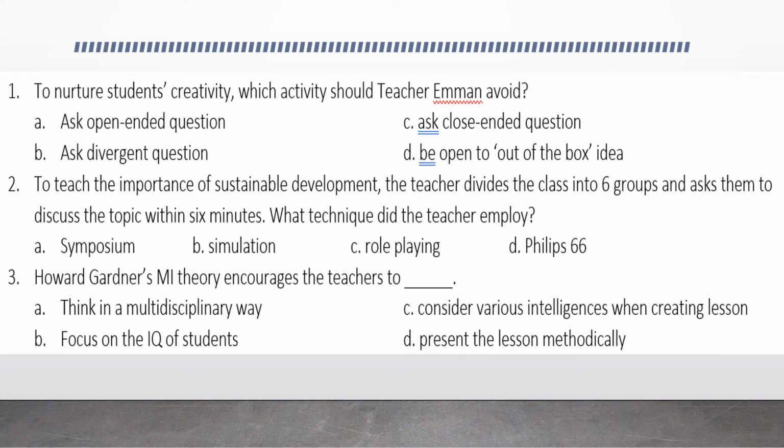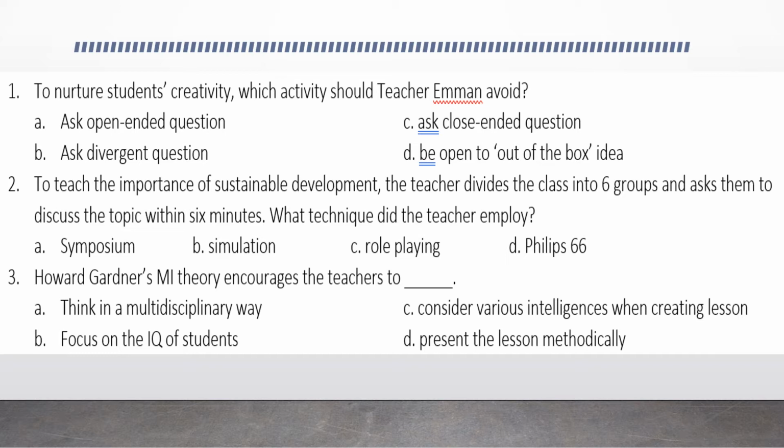There are those learners who excel in linguistics or language, while others excel in sports, others excel in music, others excel in math, while others excel in arts. That is the content of Howard Gardner's theory. And Howard Gardner in this theory really encourages the teachers to consider various intelligences when creating lesson, letter C.